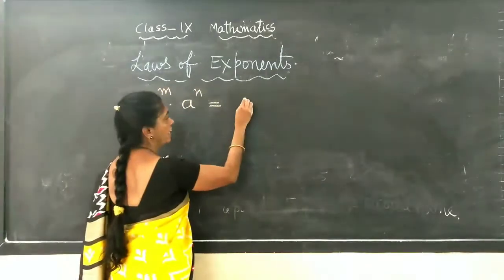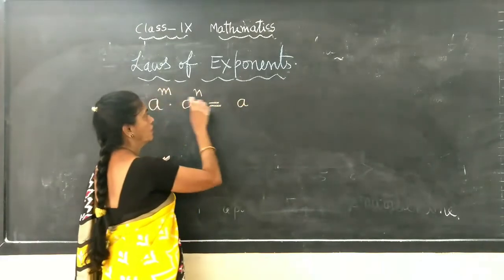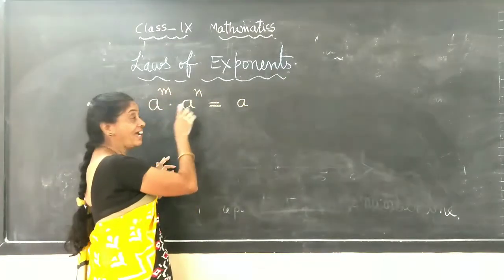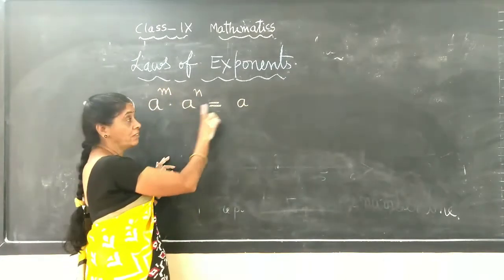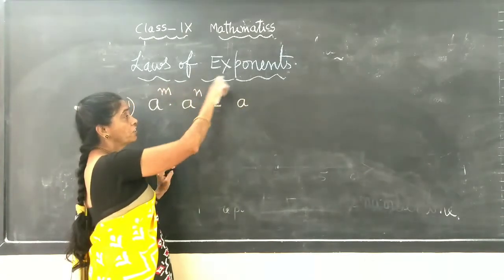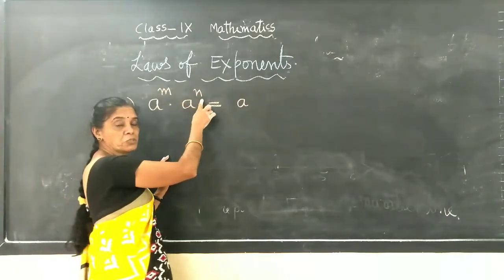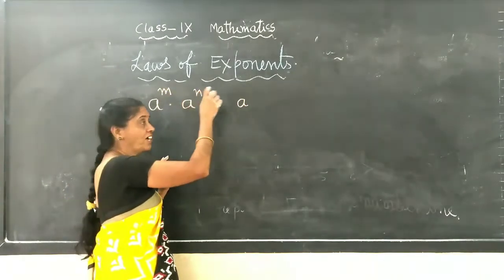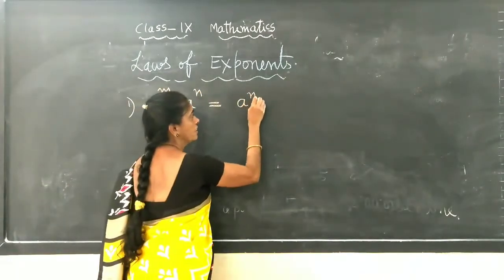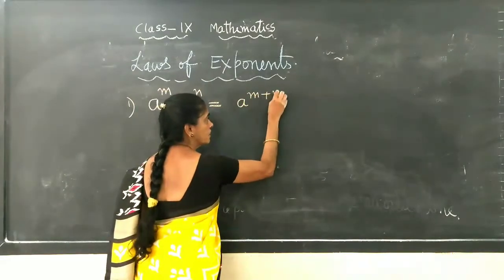It is a to the power of m plus n. Even though we are multiplying, according to the law we have to add the two exponential values. Powers we have to add.